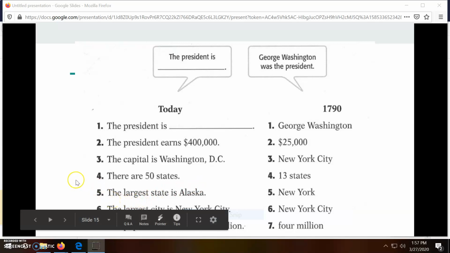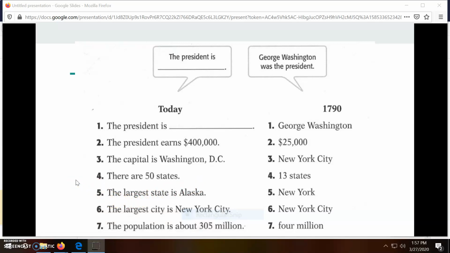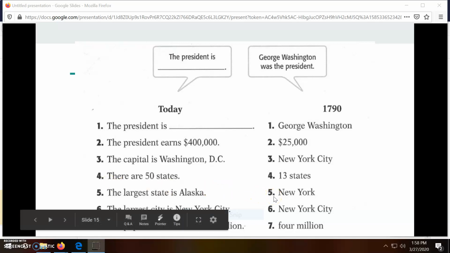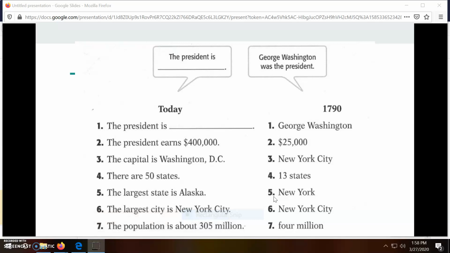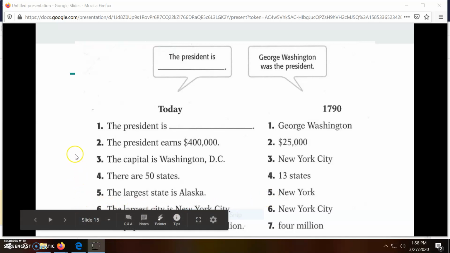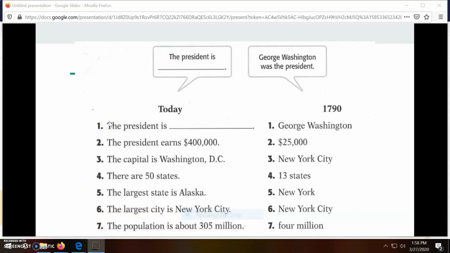Five, the largest state is Alaska today. The largest state was New York in 1790. Six, the largest city is New York City today.